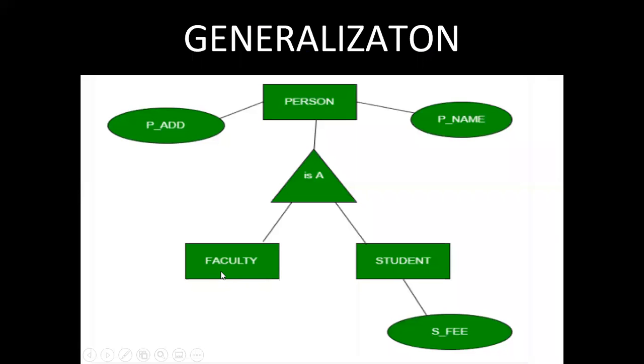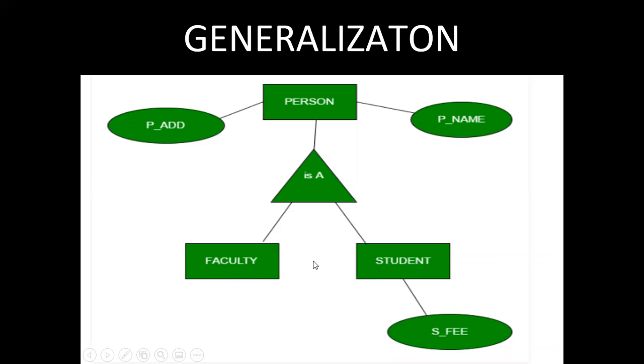For example, faculty and student combine to form a generalized class person. Faculty and student have the same properties like name, age, birth date. If these two entities have similar attributes, similar properties, we can combine them into a person.